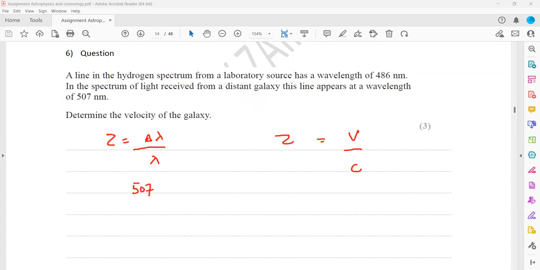Change in wavelength, 507 minus 486, divided by the original wavelength 486. This will give us the Doppler shift.